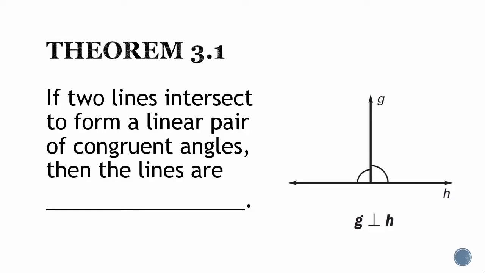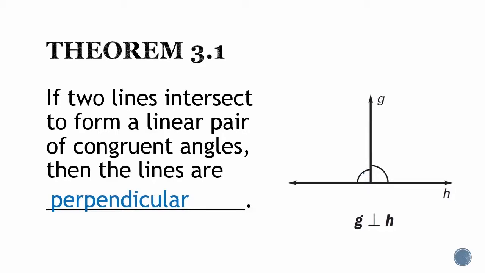If two lines intersect to form a linear pair of congruent angles, then the lines are perpendicular. If you think about it, when you have a straight line and a line that intersects it, in order for the two angles created by the intersected line to be congruent, there's only one way for that to happen, and that's if you split the angles in half.